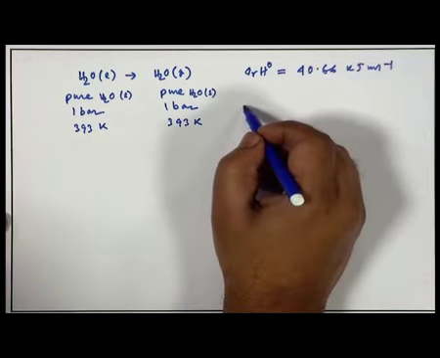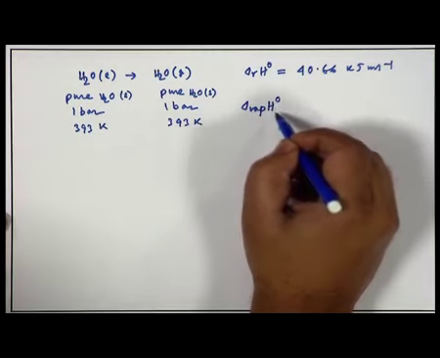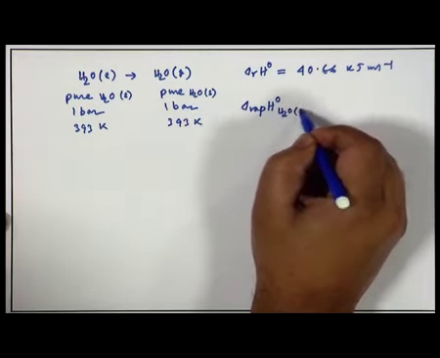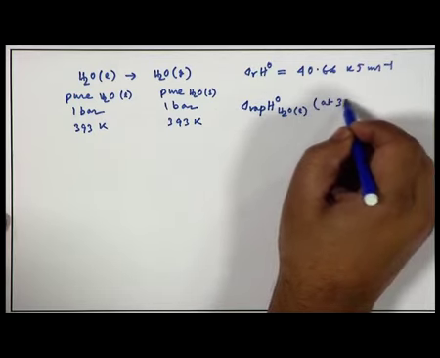So, this is the delta H vaporization of liquid water at 373 K.